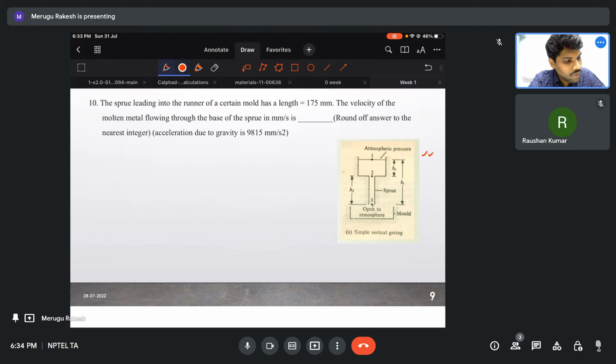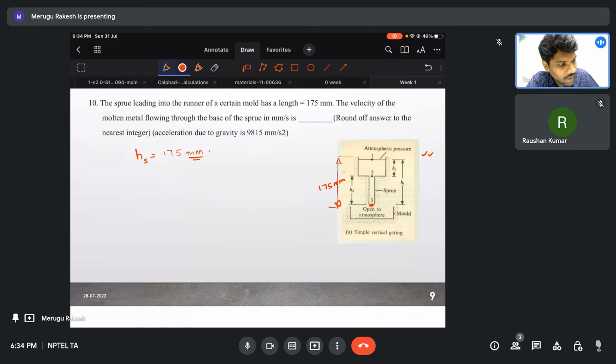The sprue height is given as 175 mm, so we have to keep an eye on the units. The velocity of the molten metal flowing to the base of the sprue is asked, so they are asking velocity at point 3, and let us assume this is the height, that is 175 mm.